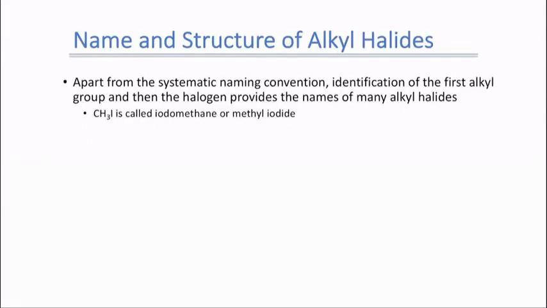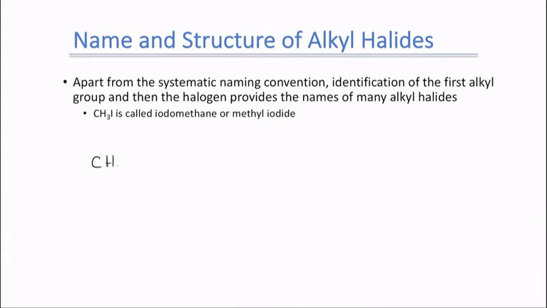And then also something that happens with our alkyl halides and their naming is that there is that systematic convention that we're using, but sometimes they're also identified first by the alkyl group and then the halogen. So that's why many of the names are alkyl halides. So if we have CH3I, that proper IUPAC name would be iodomethane, but it's also commonly called methyl iodide.